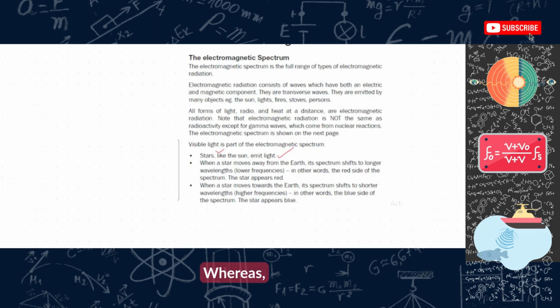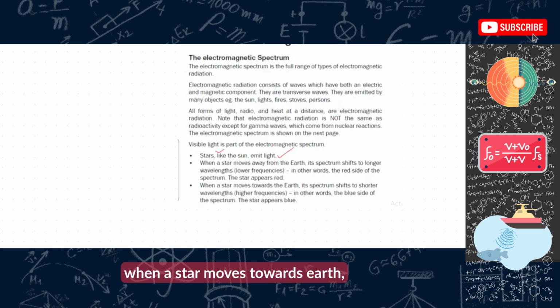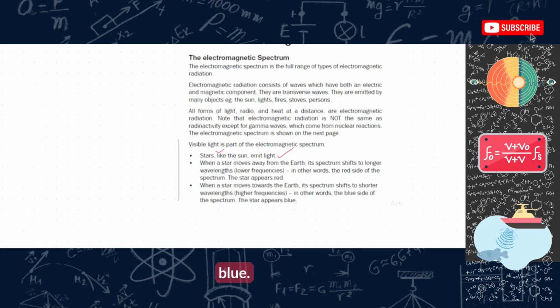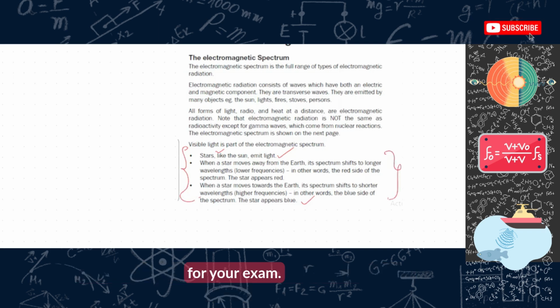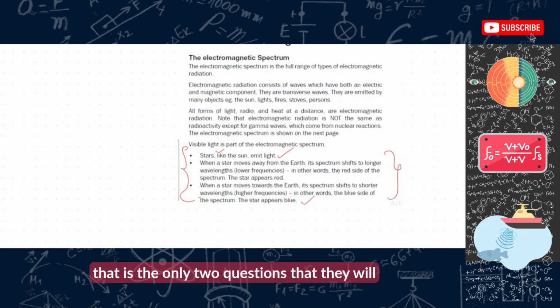Whereas when a star moves towards Earth, its spectrum shifts towards the higher frequency, and then it appears to be blue. So these two statements that you have here are the two that you would need to remember for your exam. When it comes to the Doppler effect with light, those are the only two questions that they will ask you.